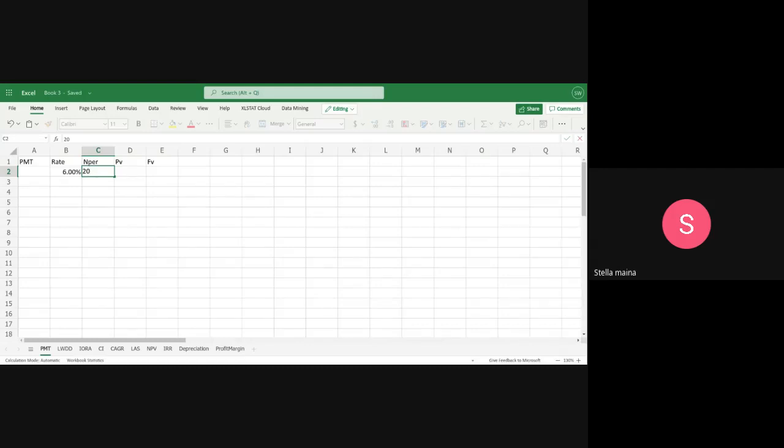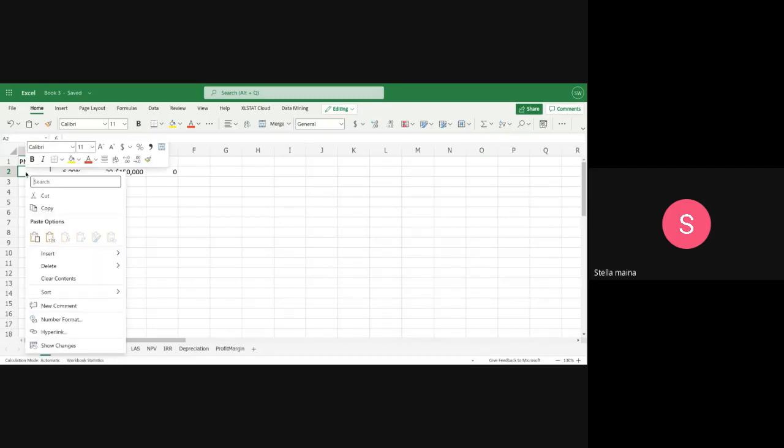Then our present value is 150,000 US dollars. And then the future value, we want it to be zero. We want the loan to have been fully paid by that time.